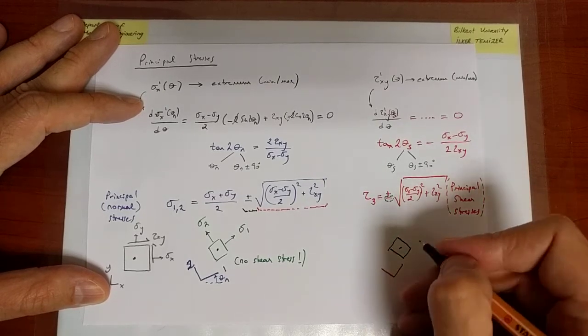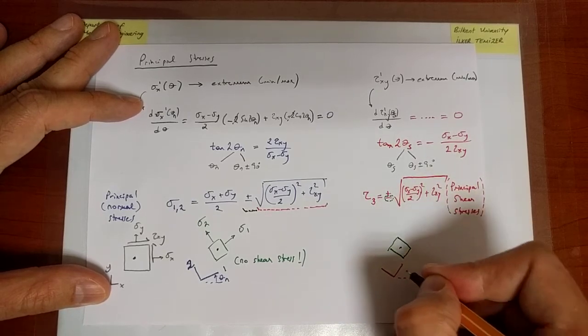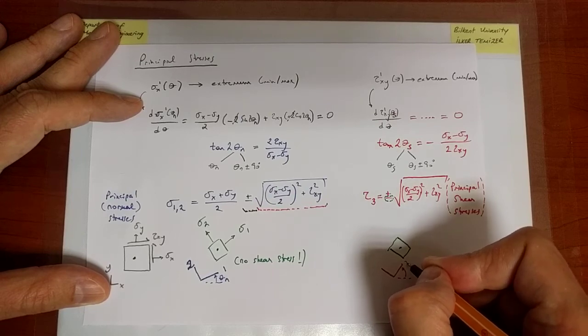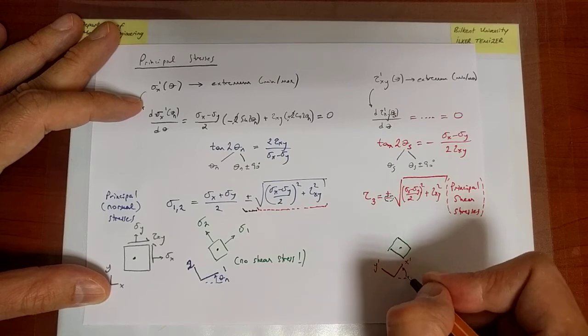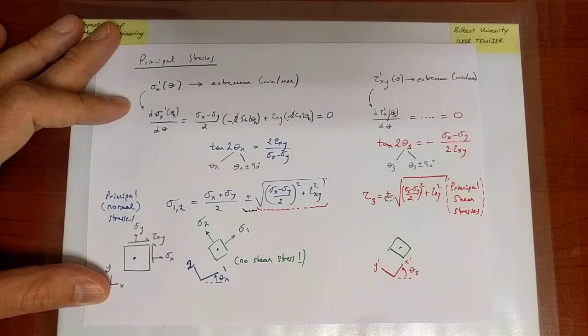Okay. Now this is a new direction. I don't know what the directions are. It's going to be some x prime, and it's going to be some y prime. Okay. But that angle is theta s, okay?